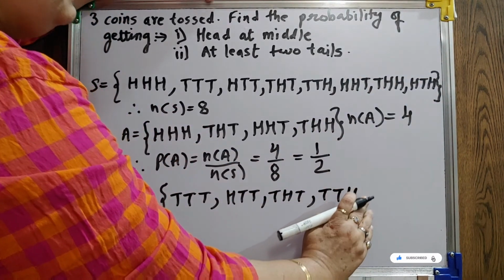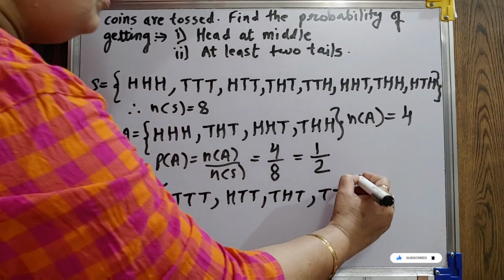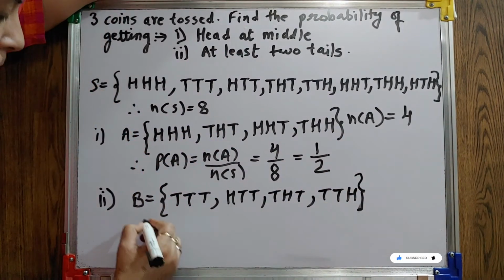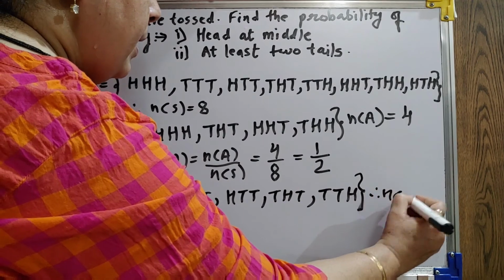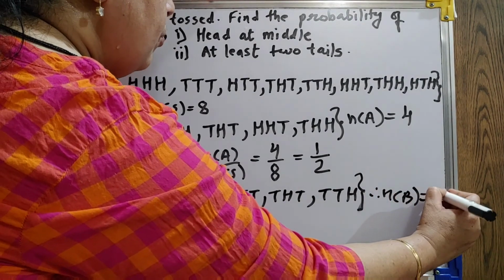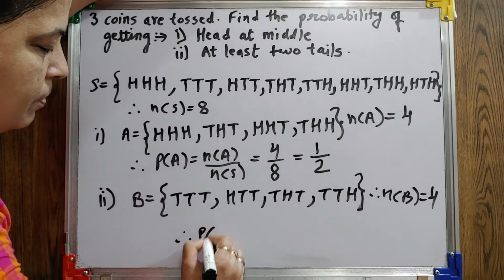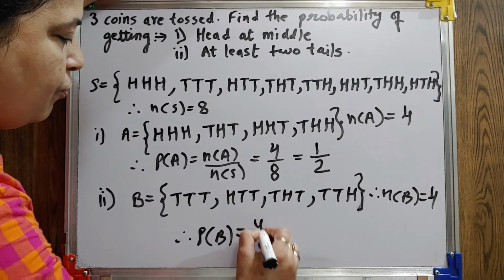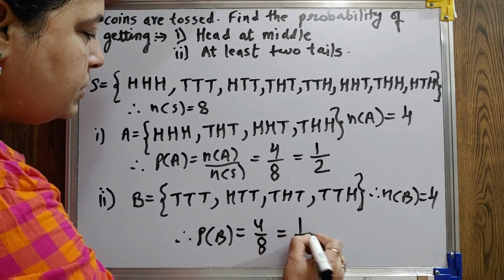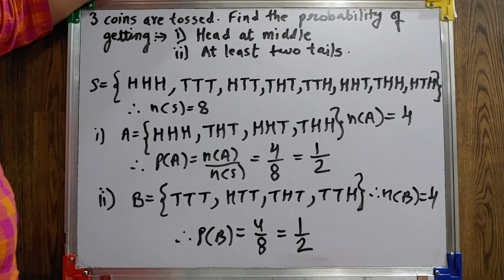Here 1 tail is there, I can't take it. So at least 2 means minimum 2 should be there. So my N of B is again 4. So my probability of B is 4 by 8. When I reduce, again I will get 1 by 2.